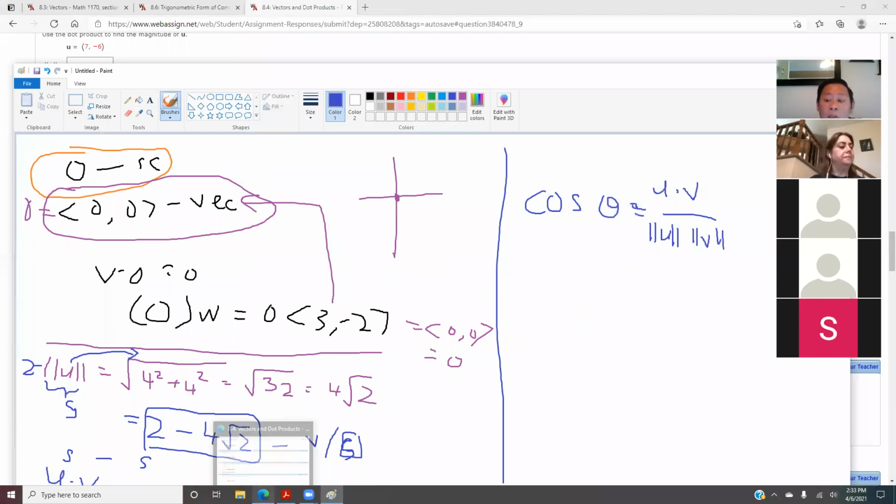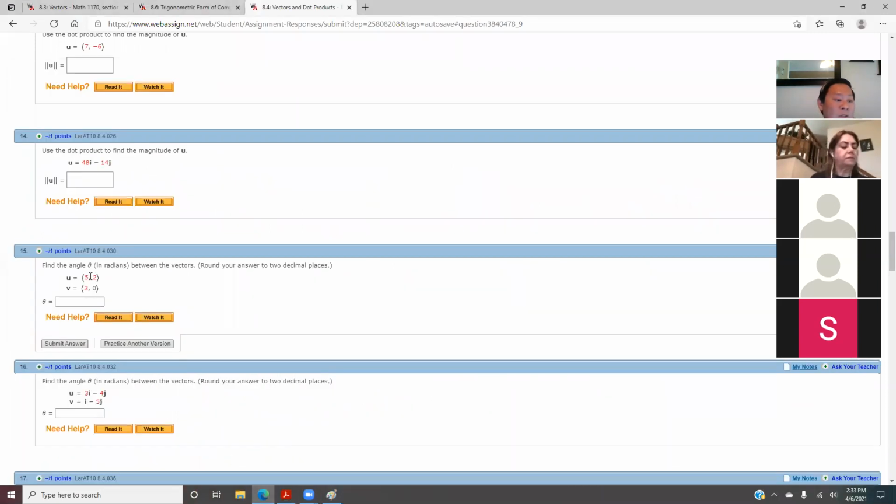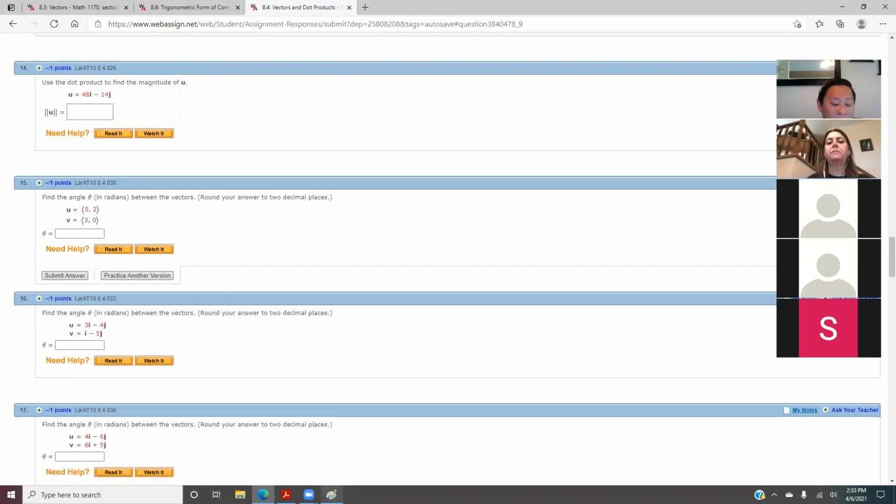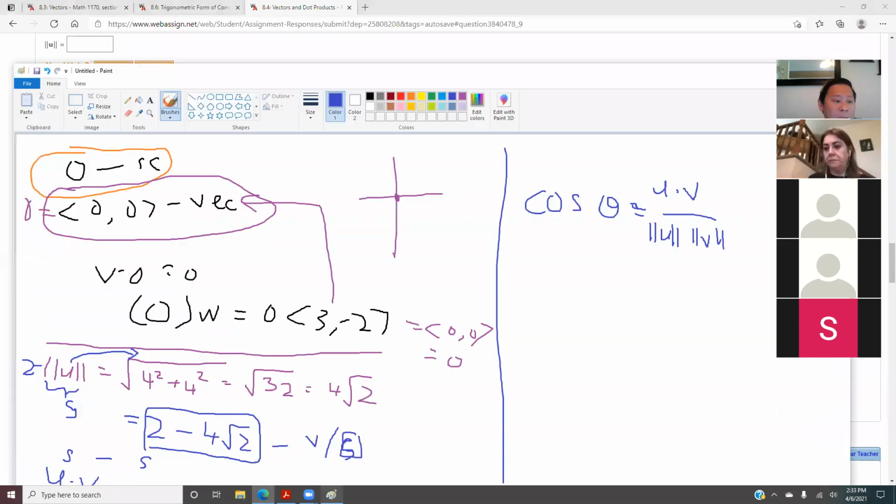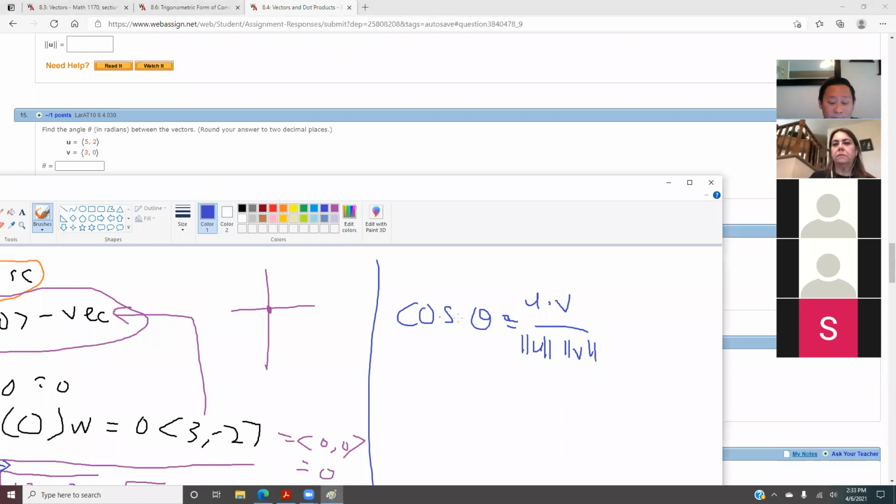Very important. So this question wants you to find the angle between these two vectors, 5, 2, and 3, 0, and it must be in radians. So make sure you change your calculator back to radian. So first thing, in order for us to find this, do the u dot v first.